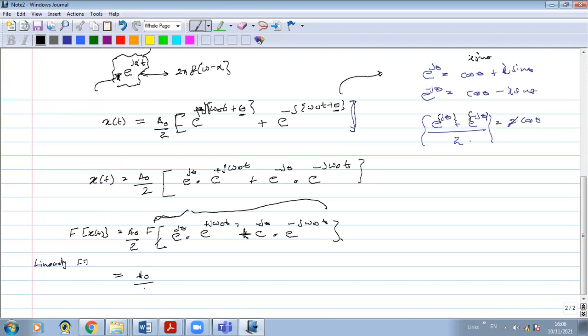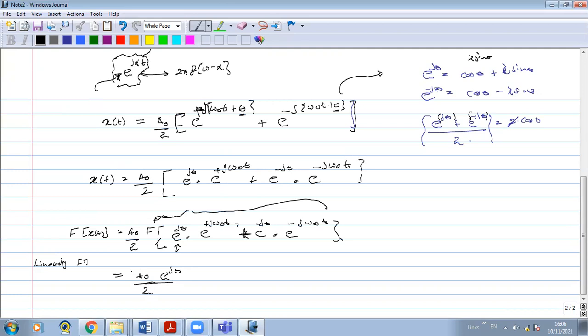So A naught by 2 I will write separately. I have the Fourier transform of e to the power j theta e to the power j omega naught t. This is a constant part, so again I can take it out: e to the power j theta.